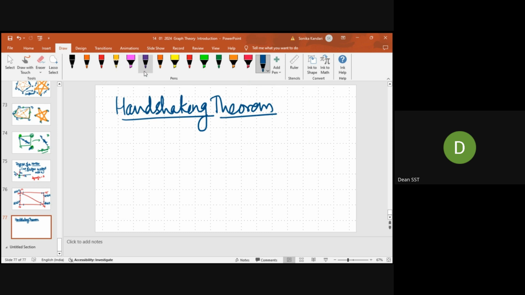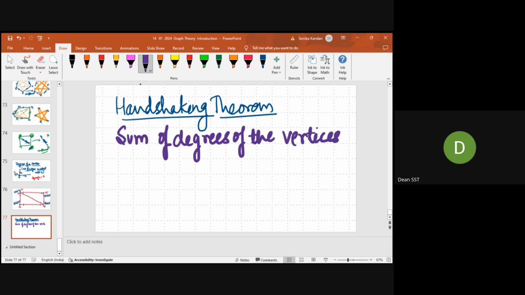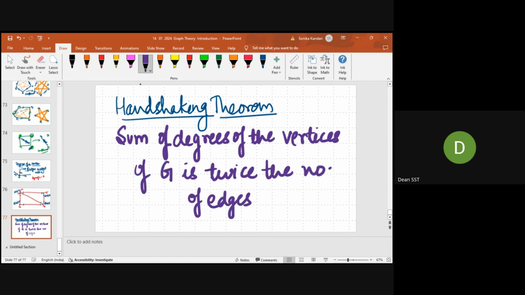It states that the sum of degrees of the vertices of graph G is twice the number of edges.